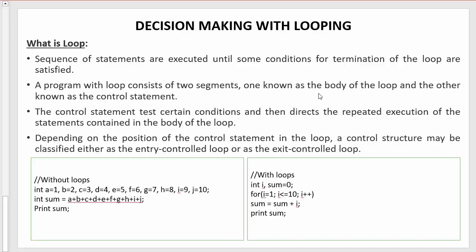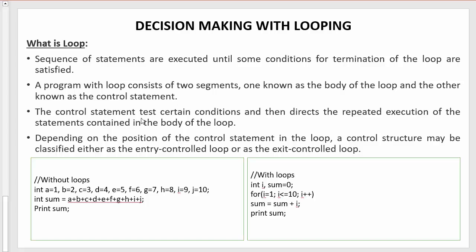One segment is the body of the loop, where we write the statements, and the other is known as the control statement. The second segment is the condition, initialization and increment and decrement. We'll see the syntax or the structure of for loop, and with that structure it will be helpful for you to understand the concept in a better manner.